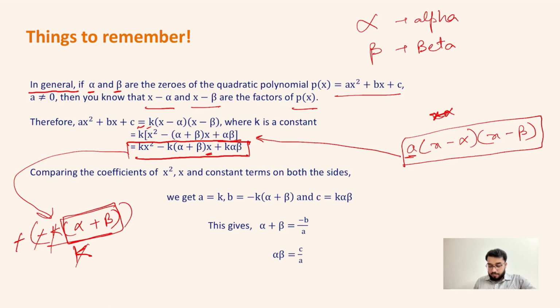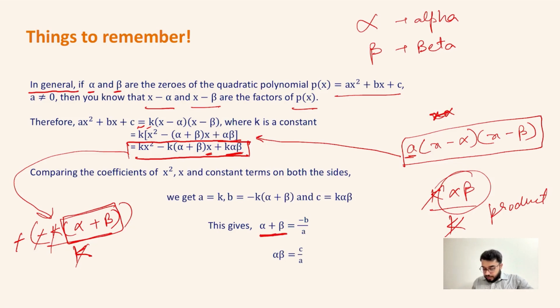I'm left with the sum of zeros. Now, right here, if we look at the constant term, that is k alpha beta, and I divide it by the coefficient k of x square, k gets cancelled out and we are left with alpha beta. That is the product.